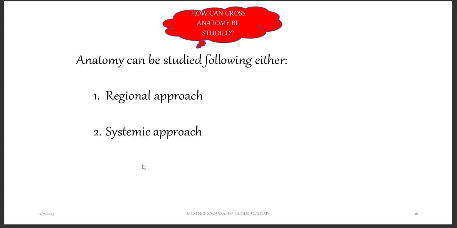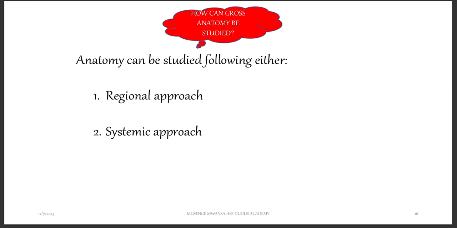The systemic approach is where now you are studying the body system by system. But system by system is not good because, let's say, for example, you want to study the central nervous system. Or let's say you want to study the cardiovascular system. Cardiovascular is made up of the heart and blood vessel, meaning that you are going to follow one blood vessel. And that one blood vessel will move from the heart all the way to the legs, meaning that you are going to cut the entire body from the head to the legs.